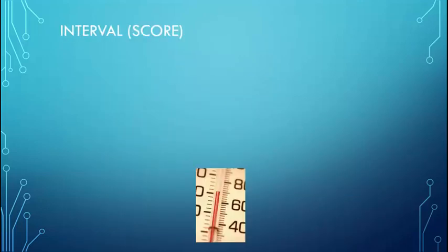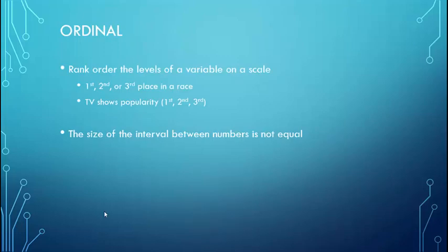Ordinal, as I said, is rank order: first, second, third place in a race, or the popularity of TV shows, such as the most watched TV show of the week, the second most watched TV show of the week, etc. This is complicated data to use because the size of the interval between the numbers is not equal.